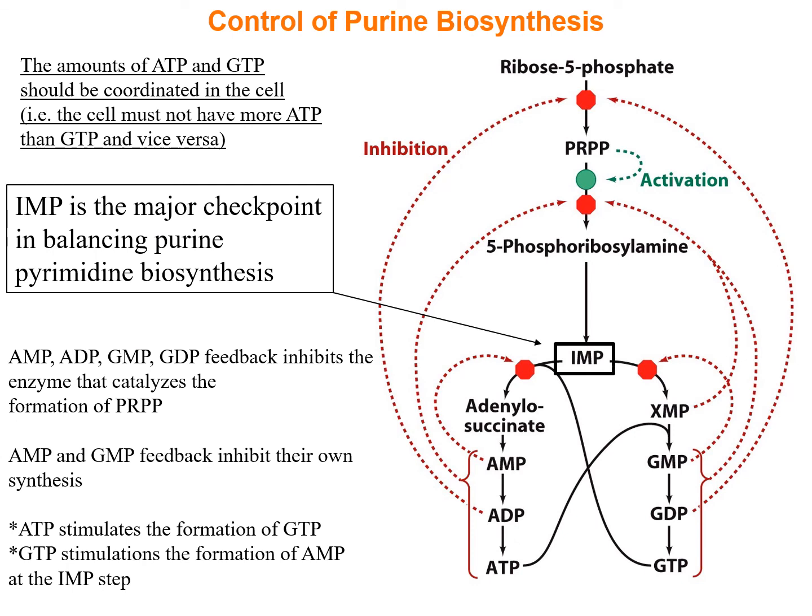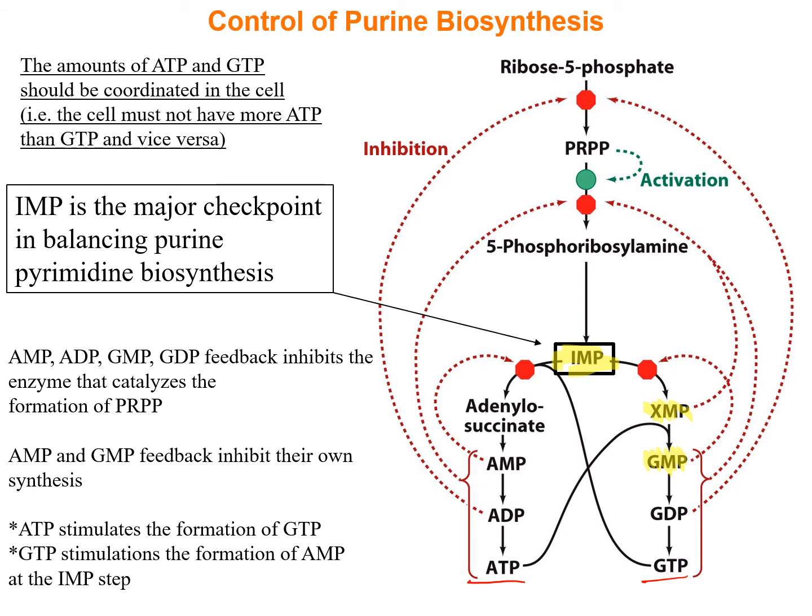So finally, let's talk about the heavy amount of regulation that's important to maintain equal amounts of ATP and GTP. Remember, the branch point here is IMP, inosine monophosphate, and we make XMP here. Remember, IMP dehydrogenase is the enzyme that does that. And then from XMP, glutamine donates its amino group to give you GMP.